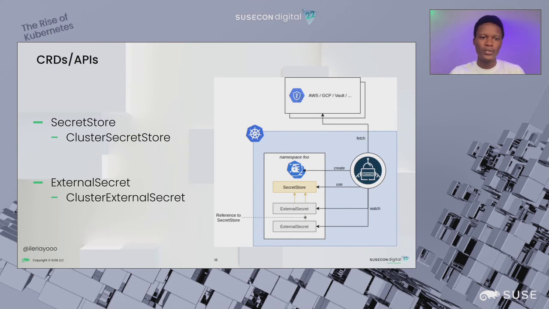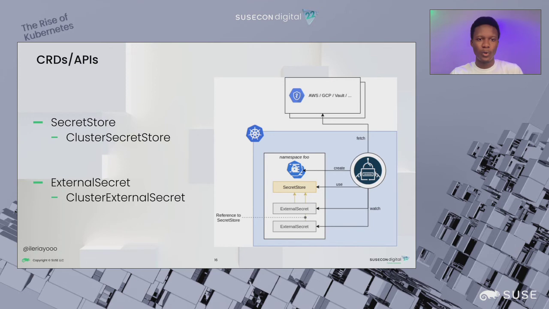So the custom resources that we have defined for ESO are the secret store or the cluster secret store, and the external secrets or the cluster external secrets. The secret store is namespace scoped, while the cluster secret store is cluster wide. The same for the external secret and the cluster external secret, namespace versus cluster wide.